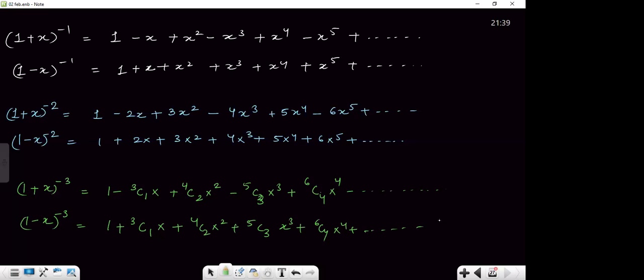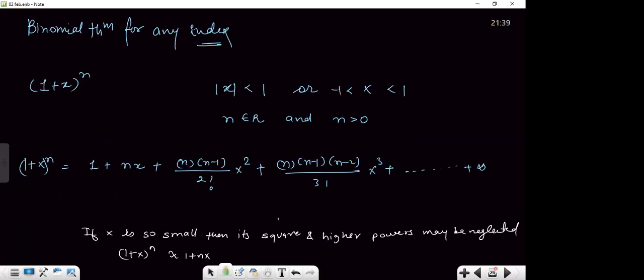Let's discuss an example. Read this. (1 + x)^n = 1 + nx + n(n - 1)/2! x square + n(n - 1)(n - 2)/3! x cube, that is 3 factorial, dot dot dot till infinity.